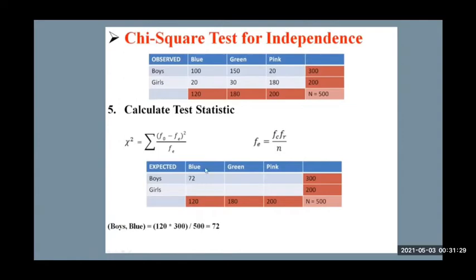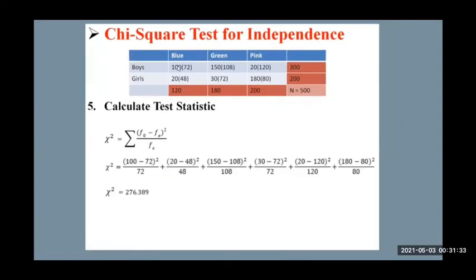So that is how we get the data, and it will be so on. Then we calculate: 100 minus 72 squared divided by 72, 20 minus 48 squared divided by 48, and so on, and we will end up with 276.389.